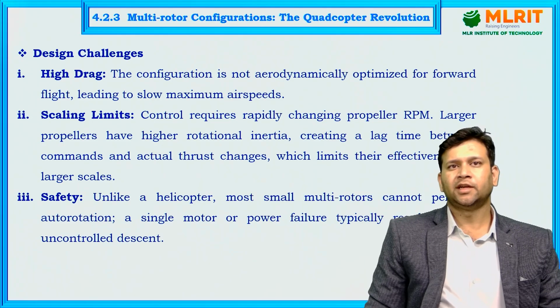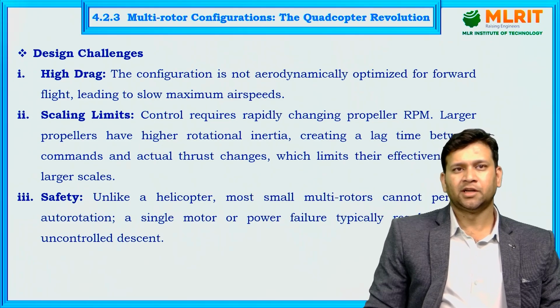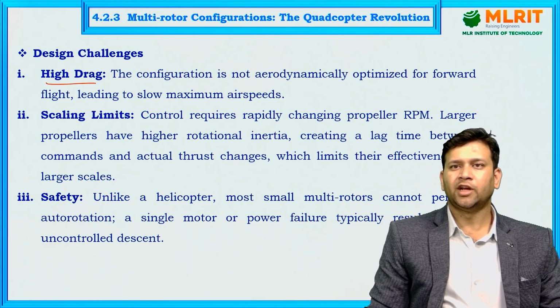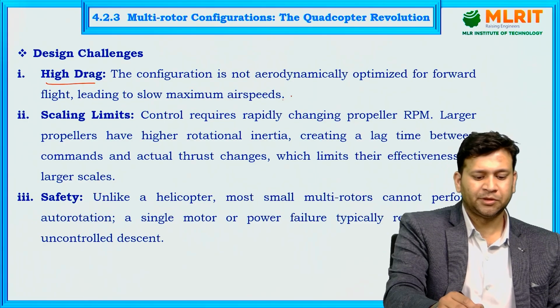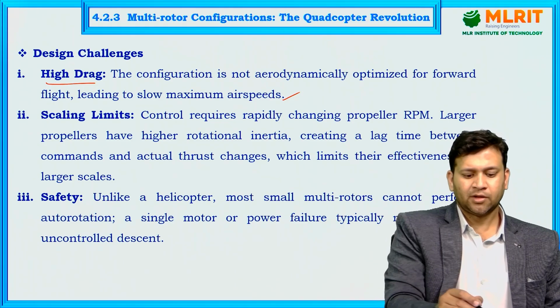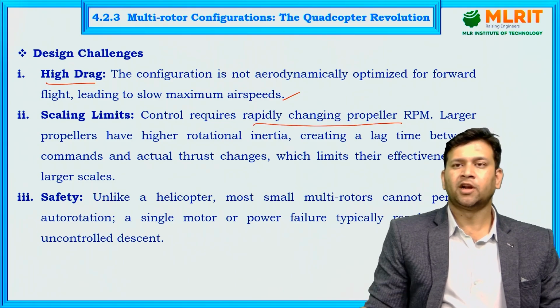The major design challenges for quadcopter design: high drag. The configuration is not aerodynamically optimized for forward flight, leading to slow maximum speeds. Scaling limits: control requires rapidly changing propeller RPM.